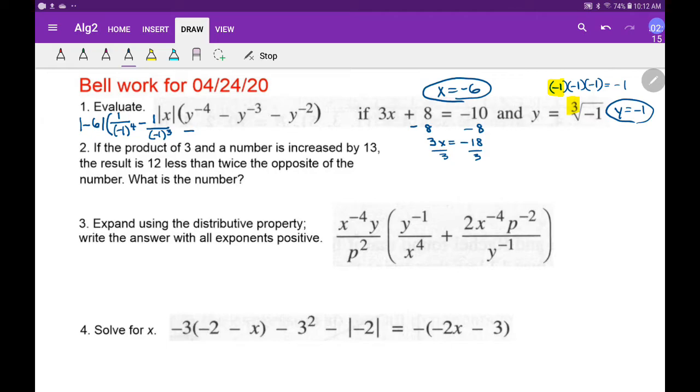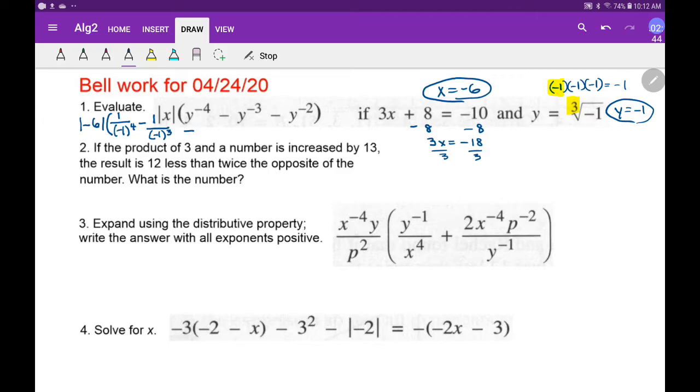So opposite means a negative sign, so a negative 2 times, did I say x or n? I can't remember. Negative 2 times n. So I guess I'd subtract 12 from the right side. I mean, I could add 12 so it'd be equal, because I don't want it to be less than. I could add 12 on the left side, then it wouldn't be 12 less, would it?